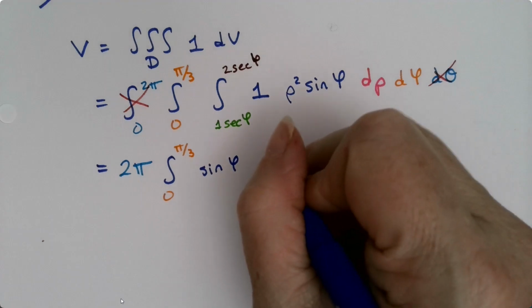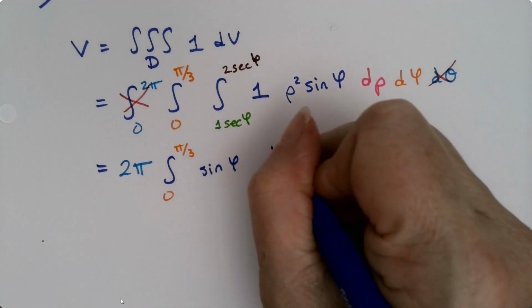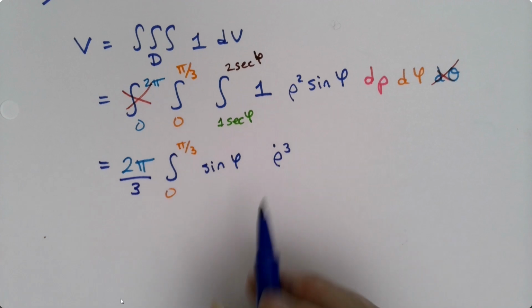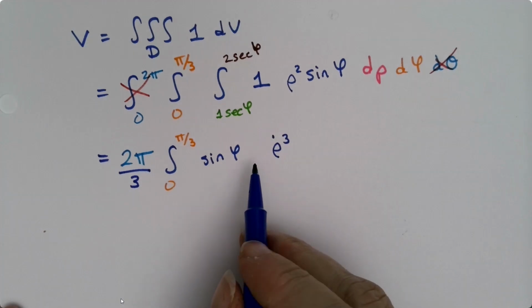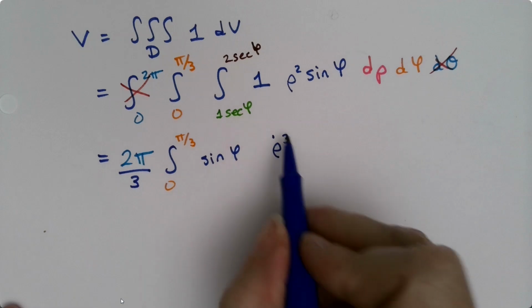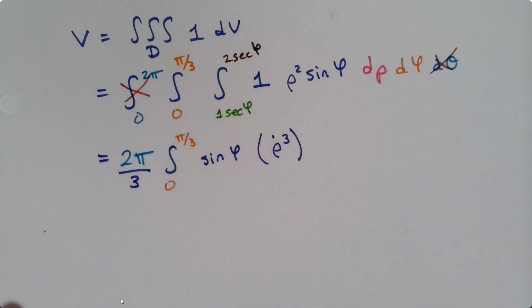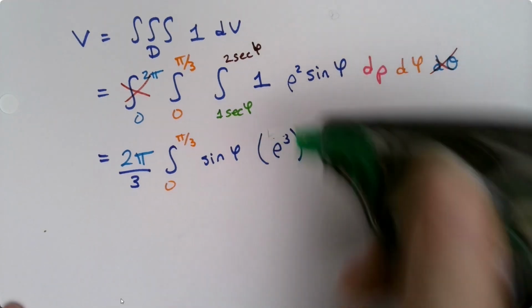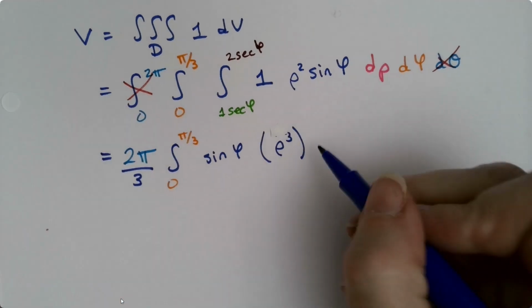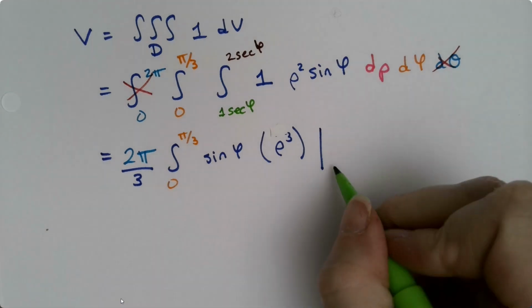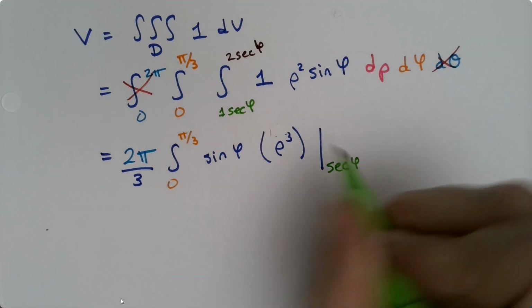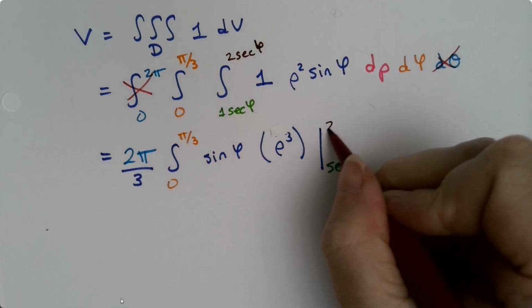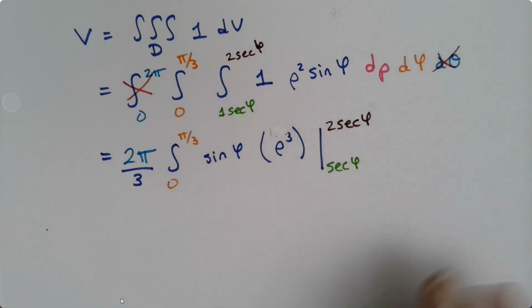It doesn't really matter. And then it's going to be rho cubed, and I'm going to think ahead and bring the third out because it's not really relevant. It's 1/3 rho cubed. And then I'm going to take that from secant of phi to 2 secant of phi, right there.